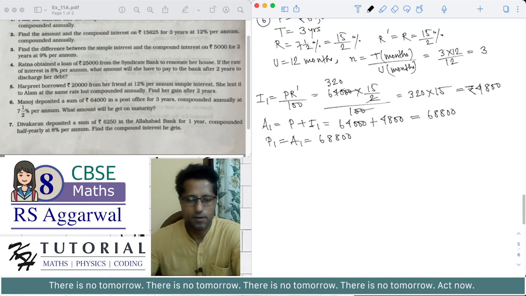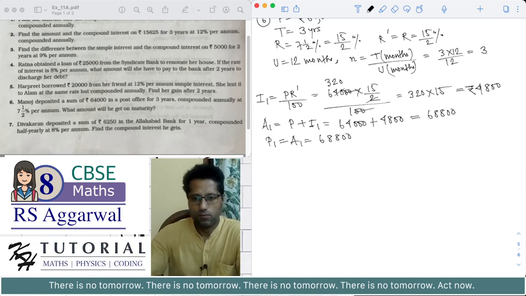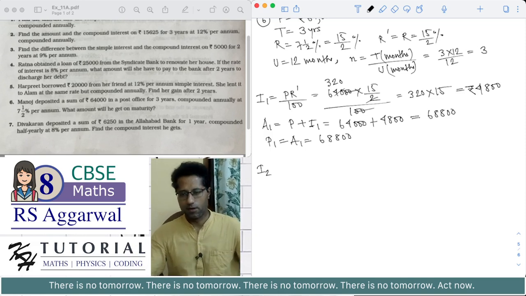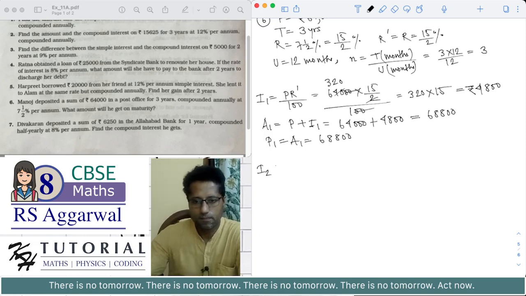Now we have to calculate I2, that is, the interest amount at the end of the second unit of time. This will be P1 R dash by 100, which is equal to 68800 multiplied by 15 by 2 whole divided by 100.